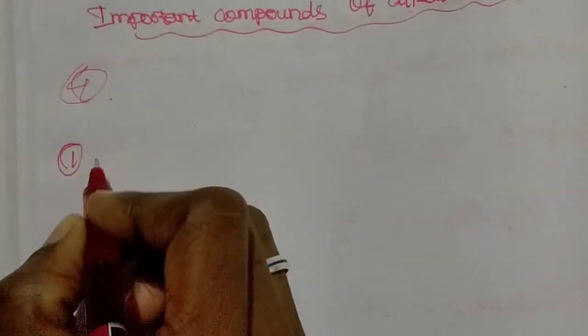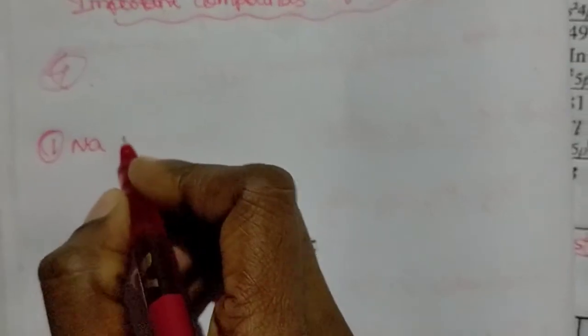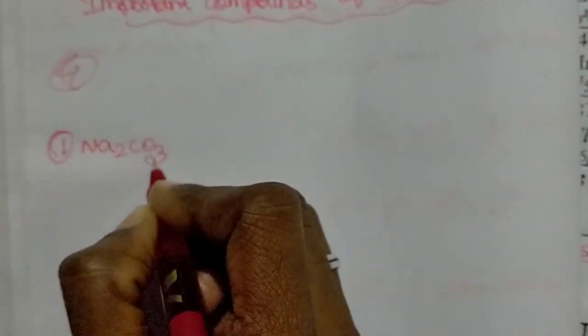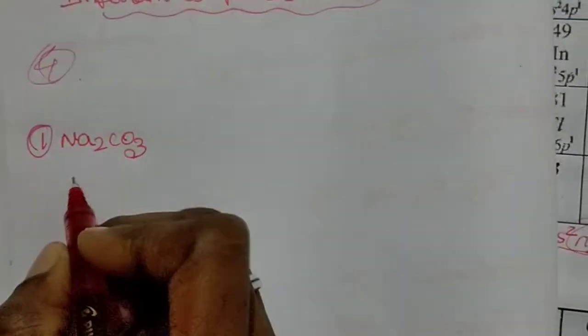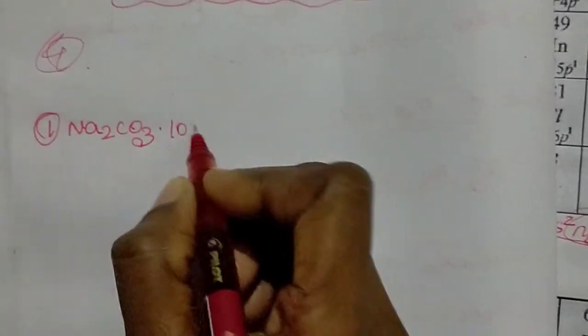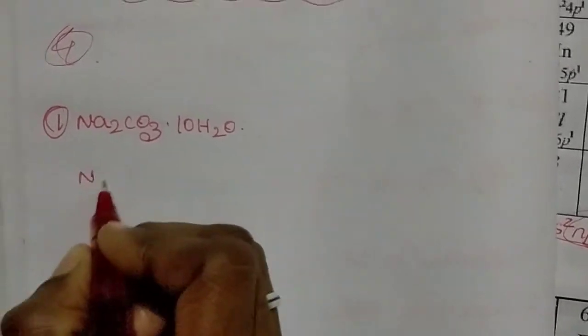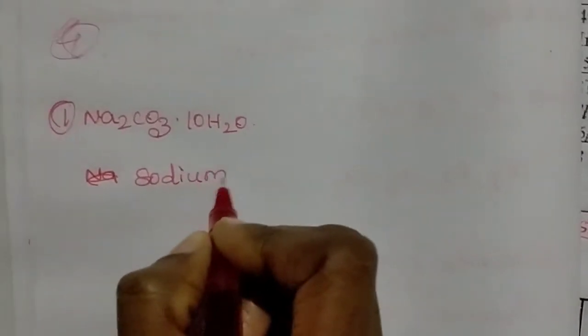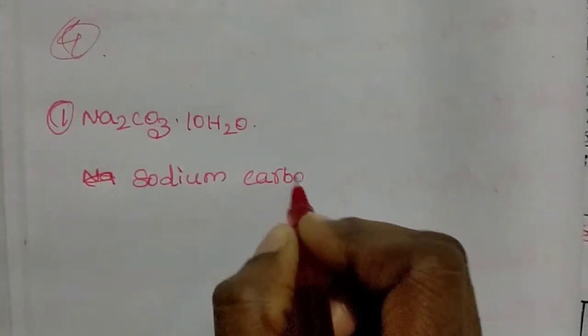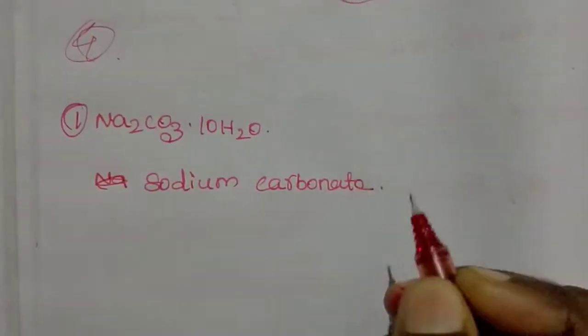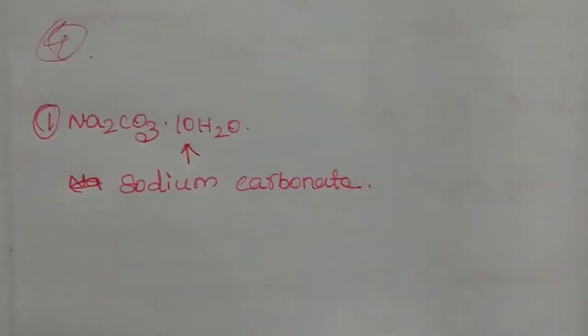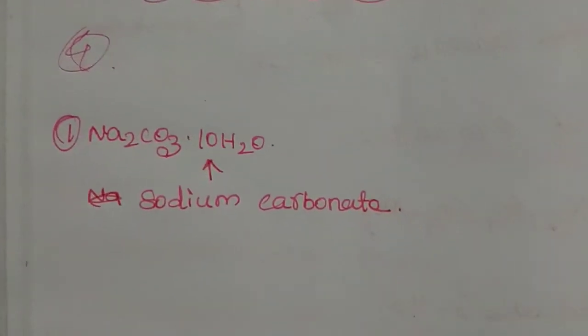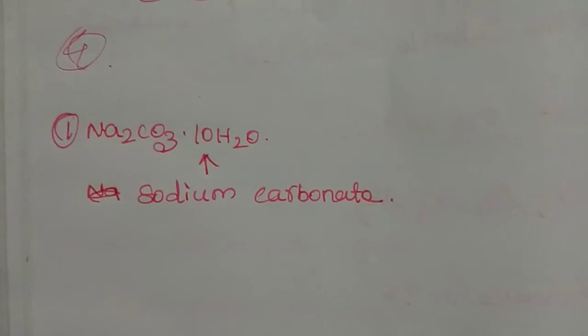So sodium carbonate is the first compound. This is the formula of sodium carbonate, Na2CO3·10H2O.